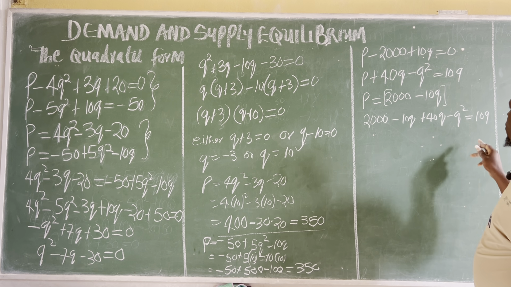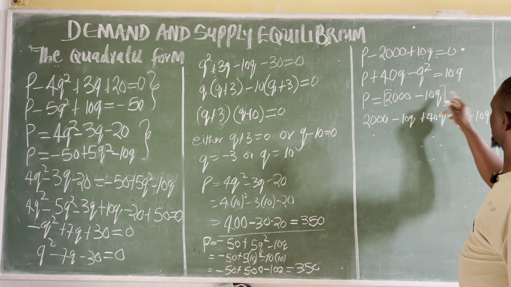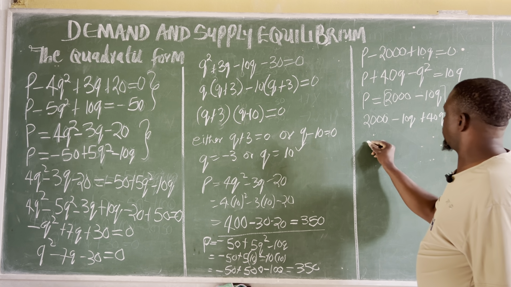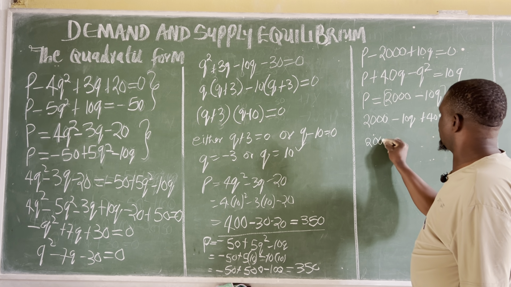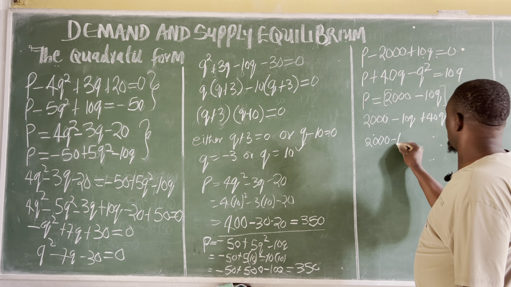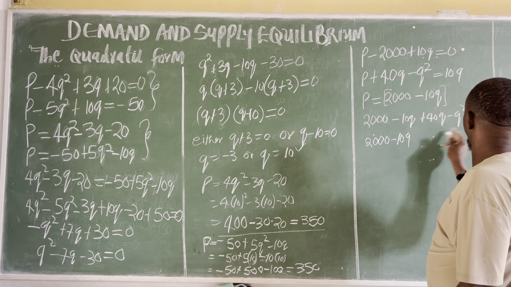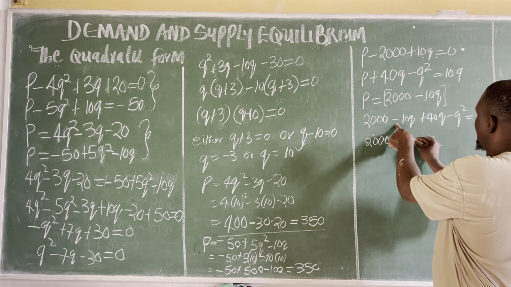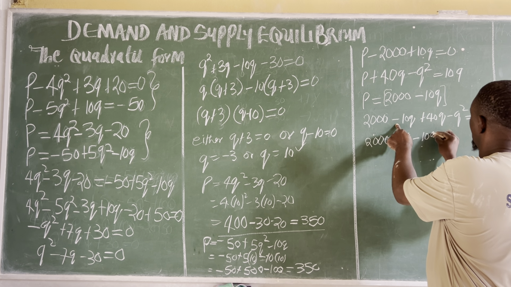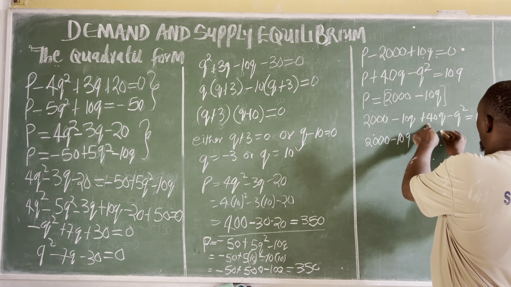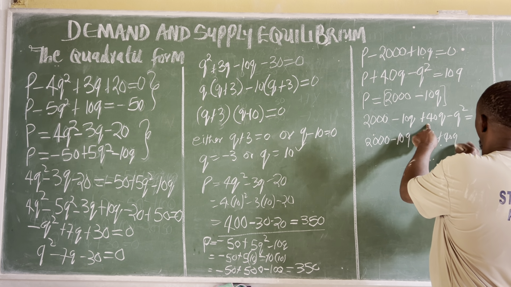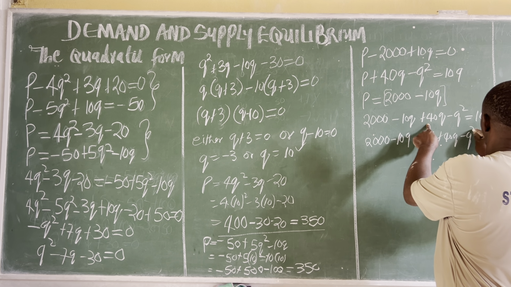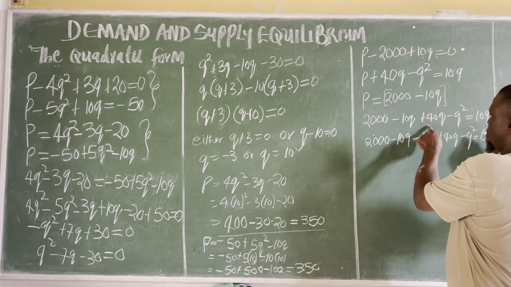Okay? Now, we'll also move this to the left-hand side. And so we have 2000 minus 109, that's this, and then we have minus 10Q plus 40Q minus Q square is equal to 0.